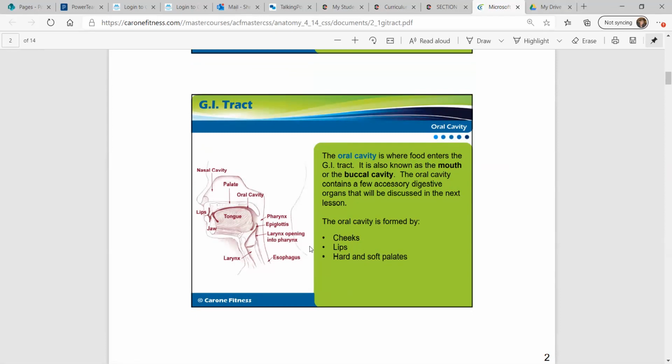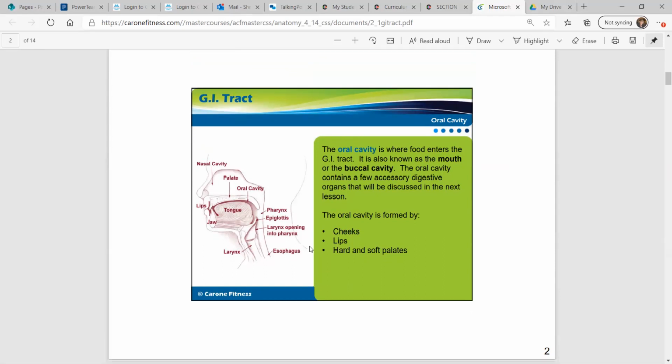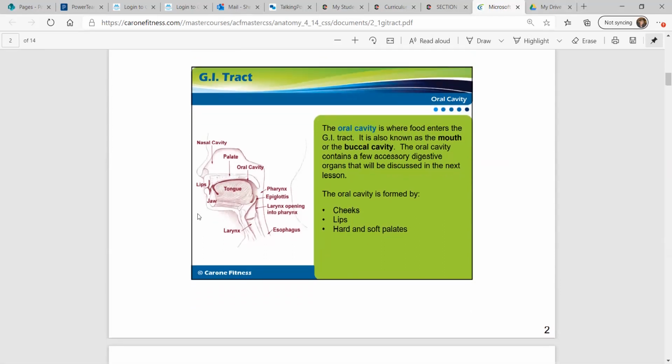The oral cavity is where food enters the GI tract. It is also known as the mouth or the buccal cavity. The oral cavity contains a few accessory digestive organs that will be discussed in the next lesson. The oral cavity is formed by cheeks, lips, hard and soft palates. Here's a decent picture.